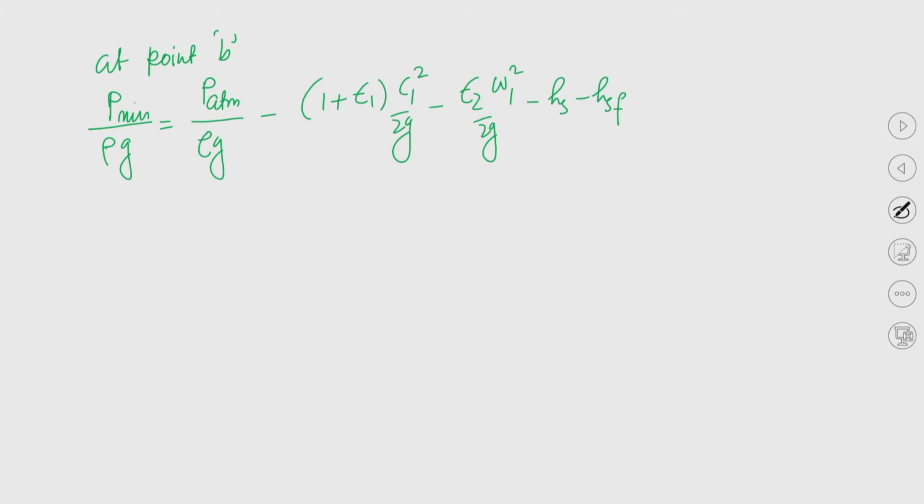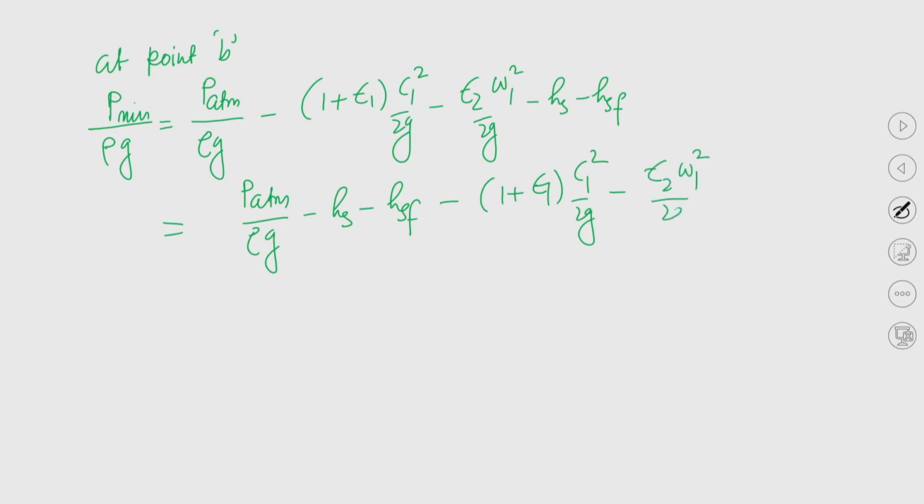Okay. So this is what we can write from this expression. Now we will try to collect a few terms together: P ATM by rho g minus Hs minus Hsf minus 1 plus epsilon 1 into C1 square by 2 g minus epsilon 2 W1 square by 2 g.